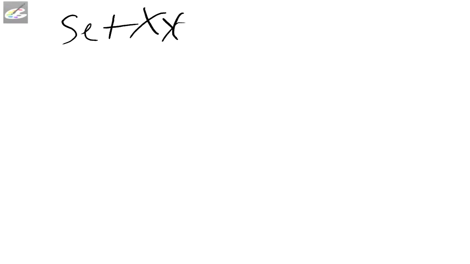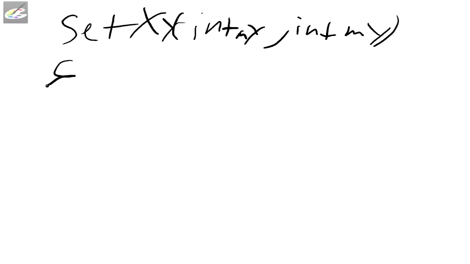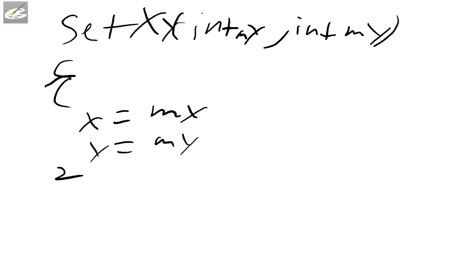So this is going to set both the x and the y variable. So here we have an int mx and an int my. Boom, we have two parameters, and now we're going to set x equal to mx and y equal to my. And that's all you need to do, and so on and so on for however many parameters you have.